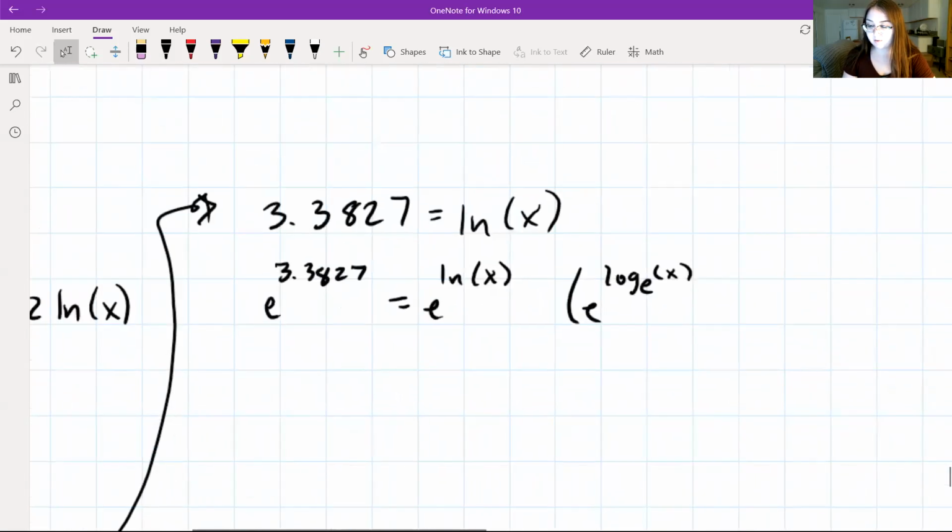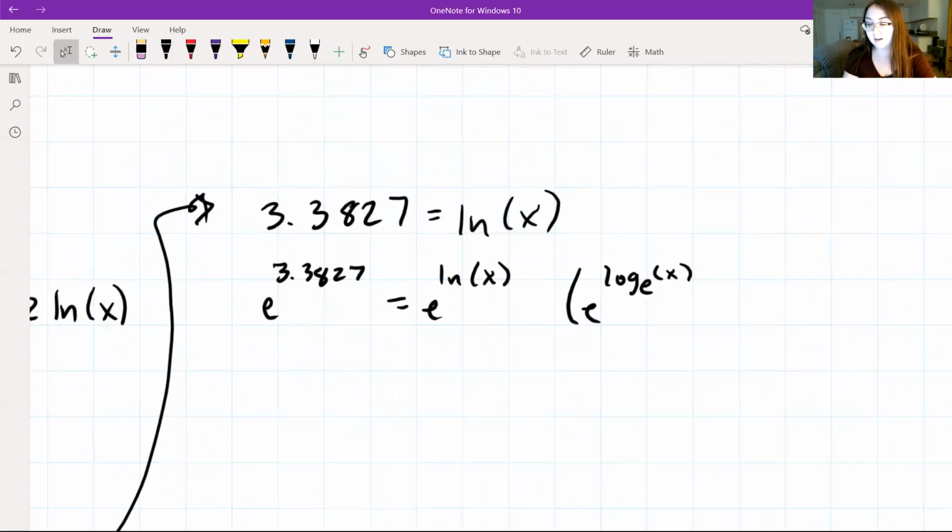So since the natural log is log base e, this is going to be equal to x from using our property.